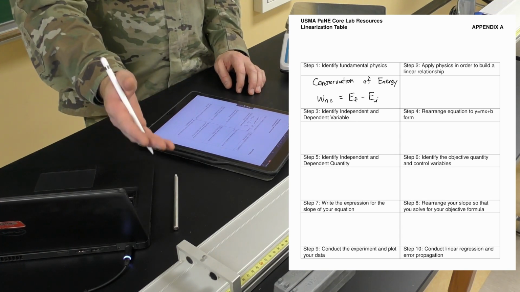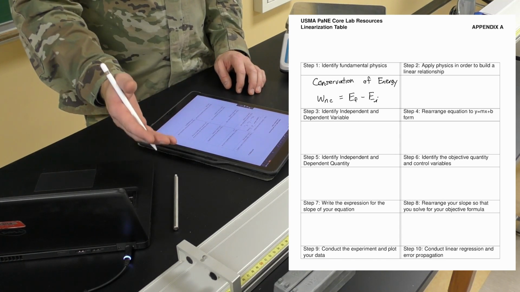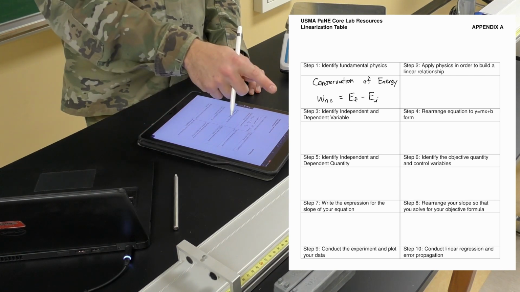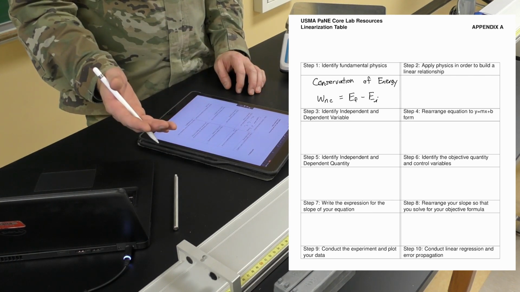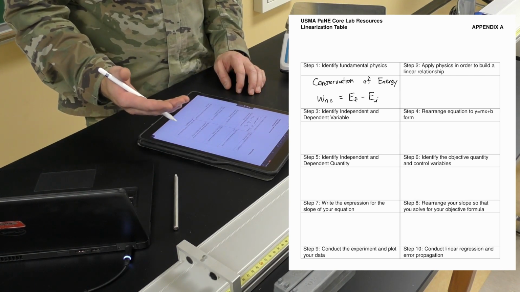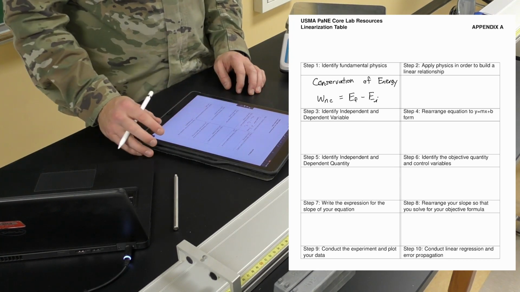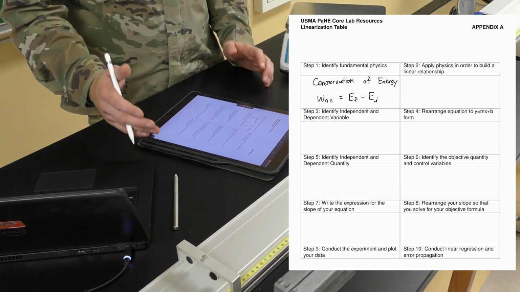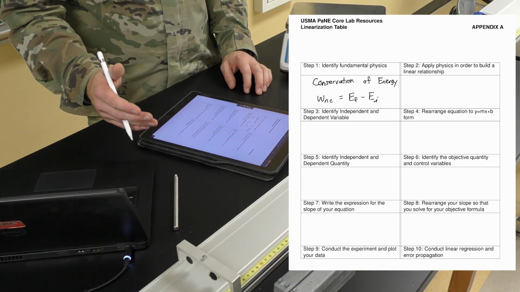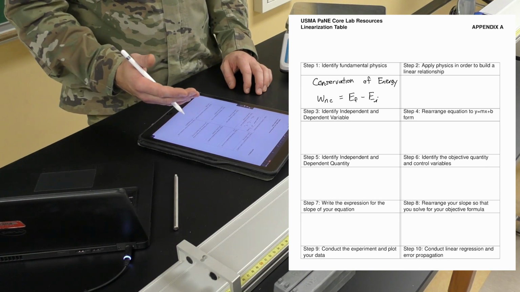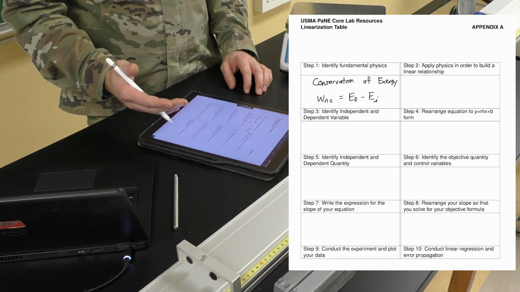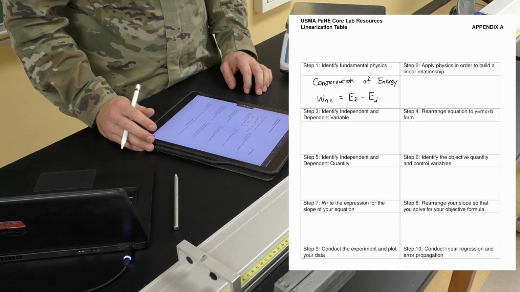We're going to say that all of our energy in the initial state is stored in the potential energy in the spring, and that all of the energy in the final state is in the form of the kinetic energy with the cart moving. Now, certainly this is a topic that'll be covered throughout Physics 1, so I'm going to go ahead and jump to the point where we apply the physics. If you'd like more information, please talk to your instructor.